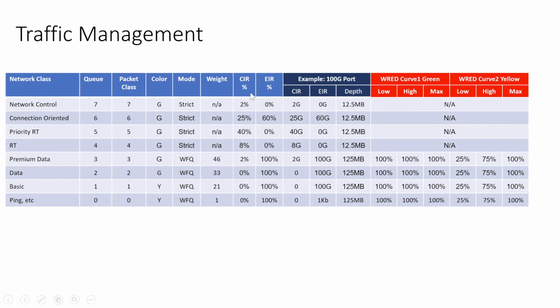And we've given CIR and EIR to the rest of the traffic. And these are really running off the excess information, right? So basically, if there's none of this traffic going through, that's when we're going to send this other traffic, okay? The premium data will go through at a smaller rate. So this would really be used to configure all of that information in your network.